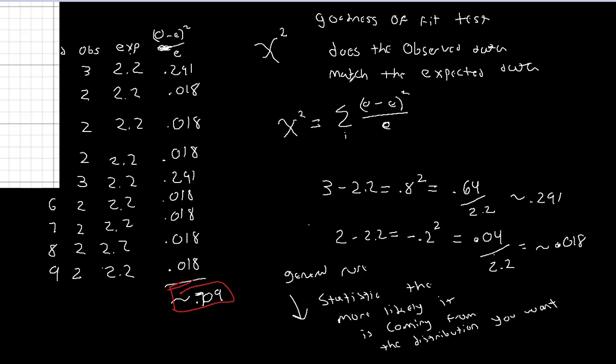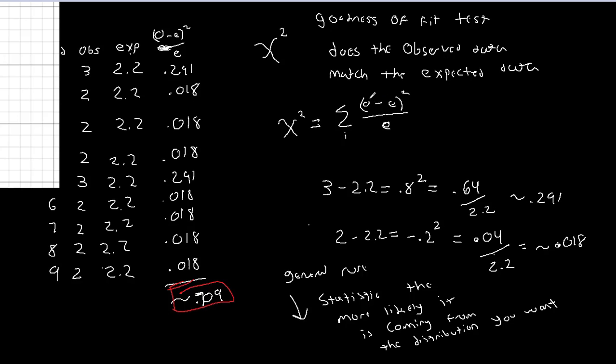Just look at this equation. If O, the observed data, is a lot bigger or a lot smaller than the expected, this numerator is going to be a big absolute value. And because you're squaring it, even if it's negative, the absolute value is going to be quite large.